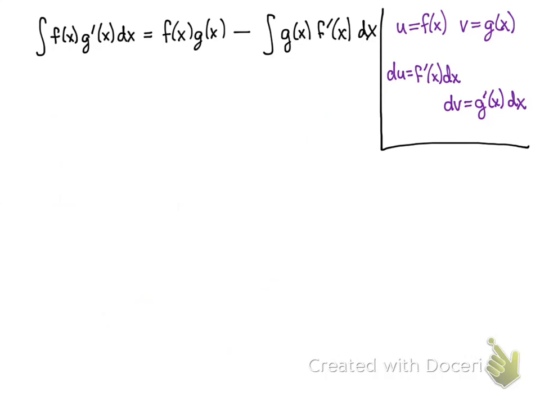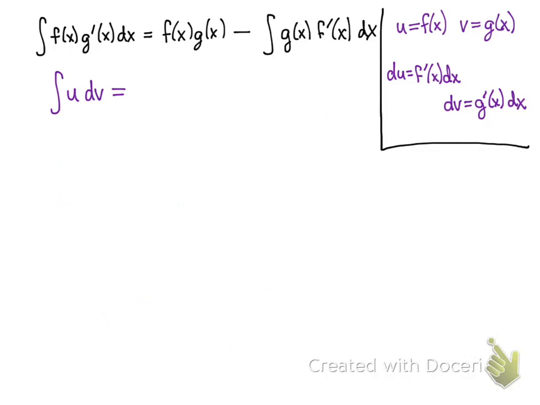So now I want to rewrite the equation in black there. Anytime I see f of x, I'll write u. Anytime I see g prime of x dx, I'll write dv. Anytime I see f prime of x dx, I'll write du. And anytime I see g of x, I'll write v. So the left-hand side is u, f of x, times dv, g prime of x dx, and the integral of that.